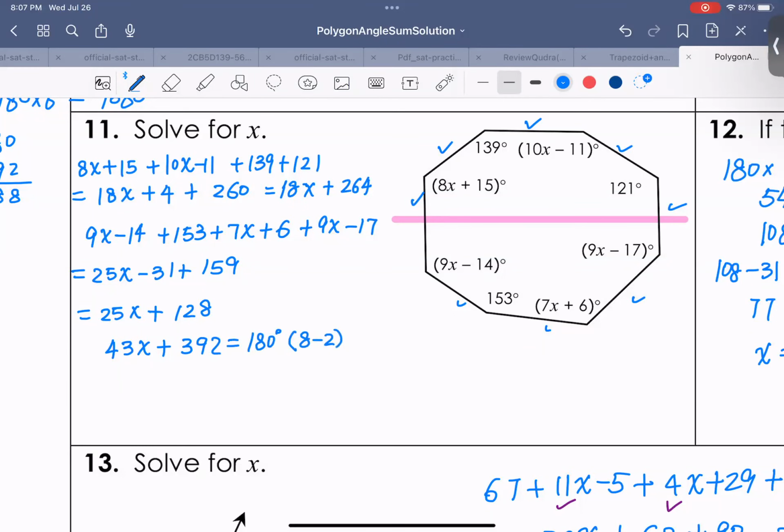So this is 180 times 6, which becomes 1080. Yes. So this guy equals this guy minus this, right? And this becomes 688.